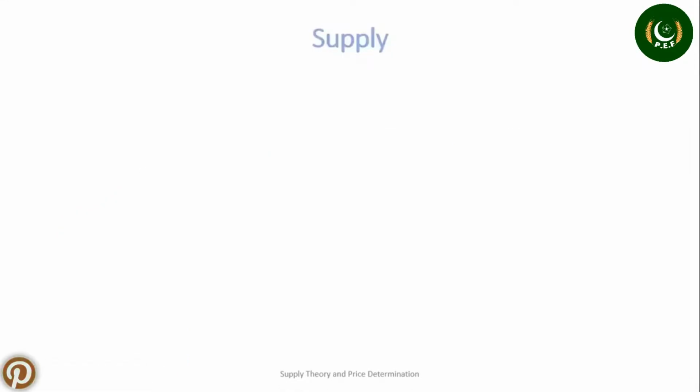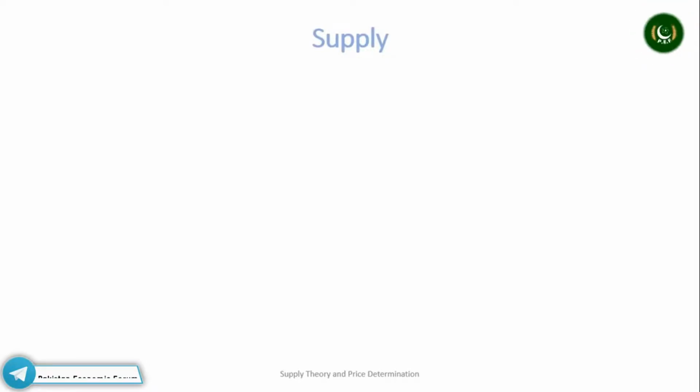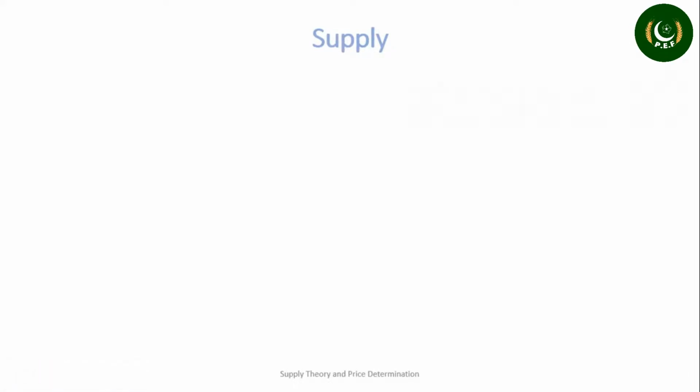Students, as we discussed in our previous lecture on demand, in ordinary language, the meaning of demand is different than what it is in economics. On the same lines, we shall start discussing supply theory by first defining what is meant by supply in economics.